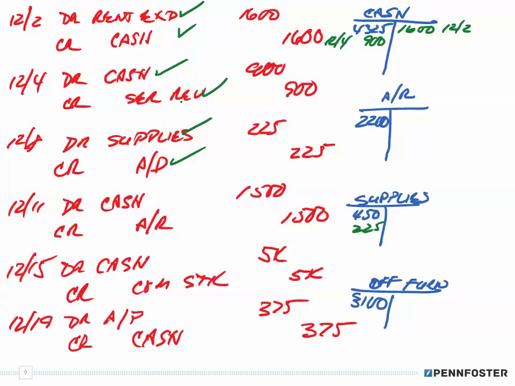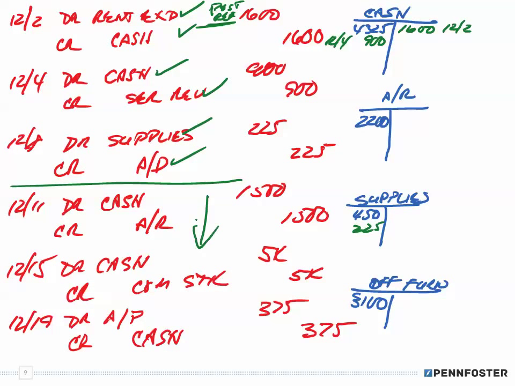So when you're posting, it's called a posting reference column. You'll see that in your journals and in your ledger accounts, and you would make an indication in your posting reference column showing that you actually did that work. So if he looks at your books, he can see that you've only gotten this far and that you haven't entered any of these other entries here. They still need to be entered.